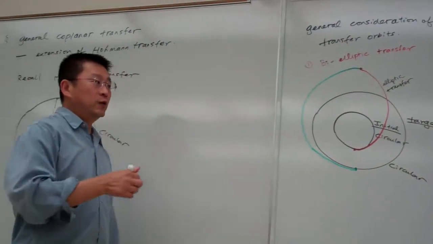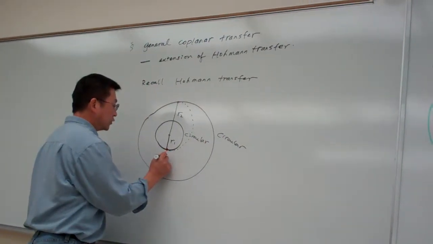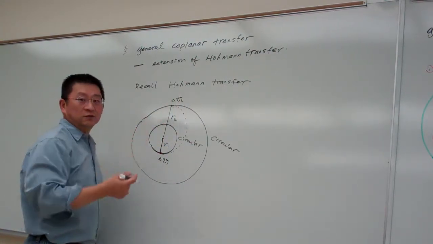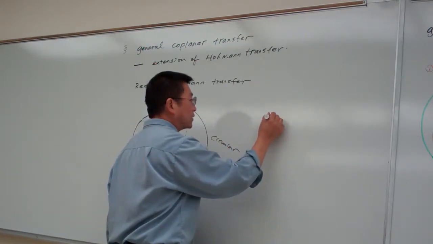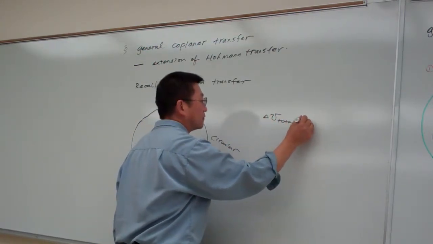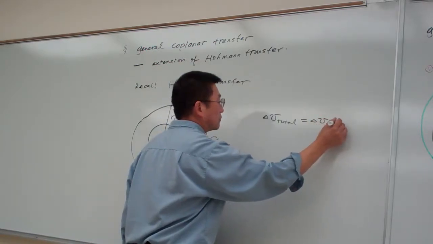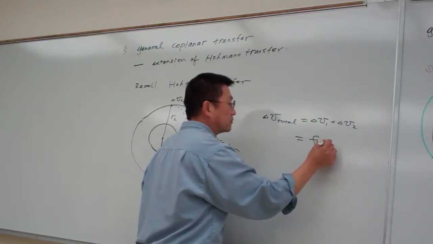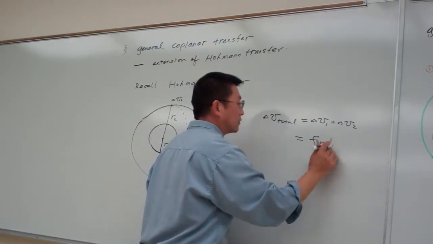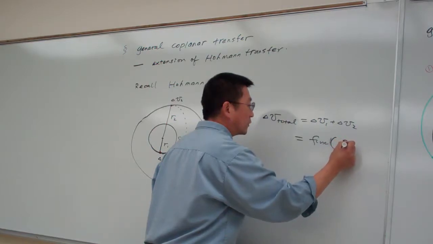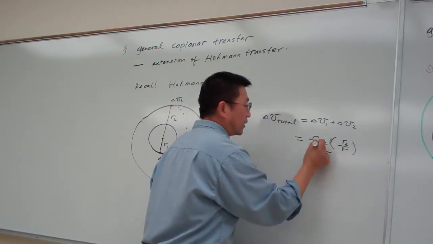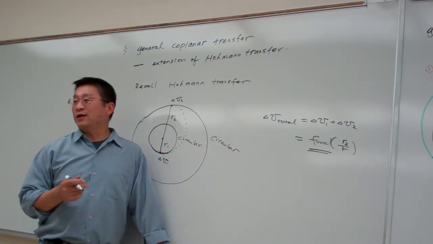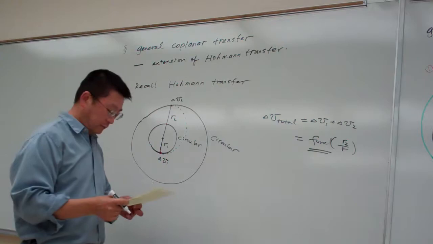Are you able to repeat the same calculation, determine delta V1 and delta V2 in terms of the symbols, then calculate delta V, as a function of R2 over R1? I think you should be able to do it. Give it a try. Okay, and let me list out the result here for you.